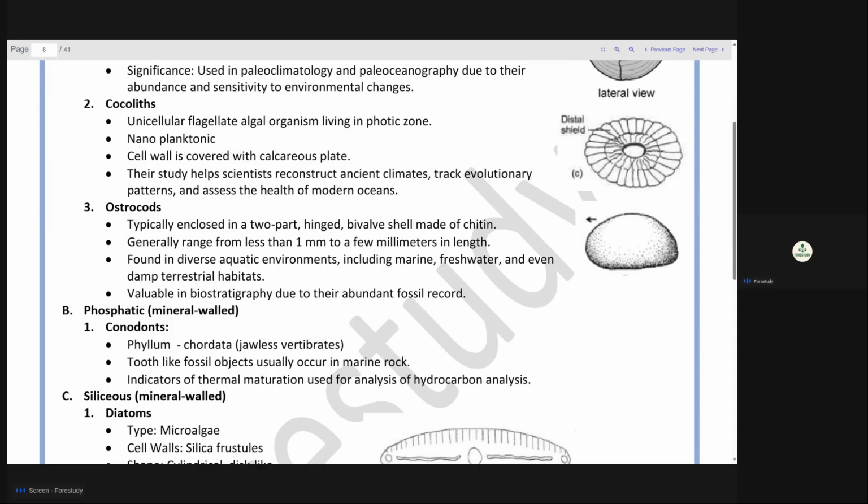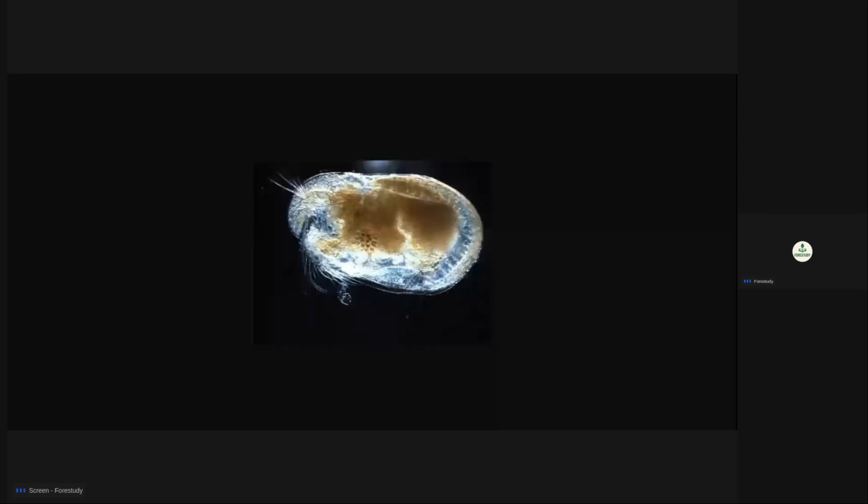So I'll show you an ostracod next. This is an ostracod, you can see. This is the carapace of the ostracod, made up of chitinous material, and this is the soft body part of the ostracod.